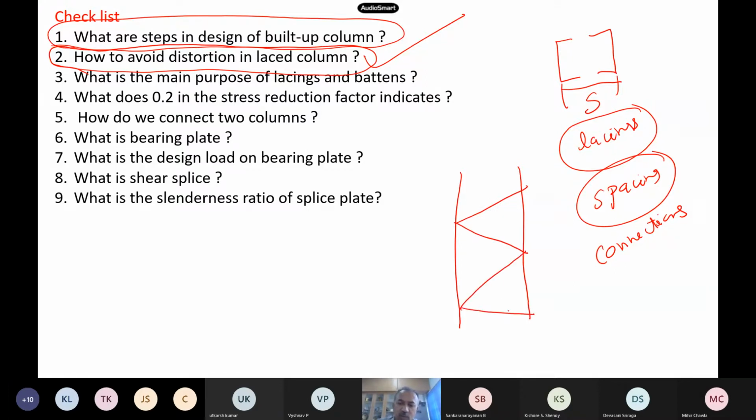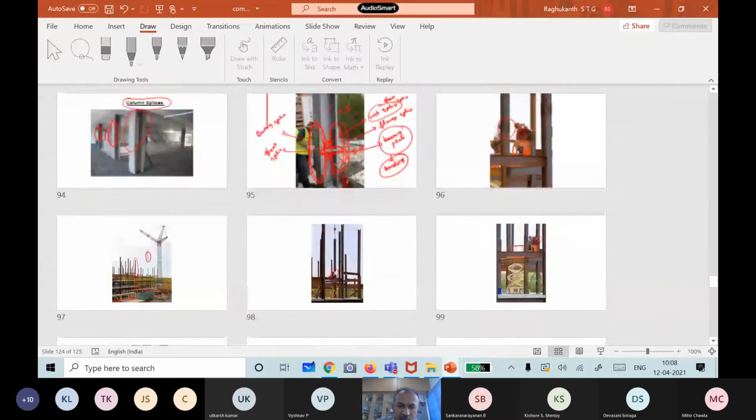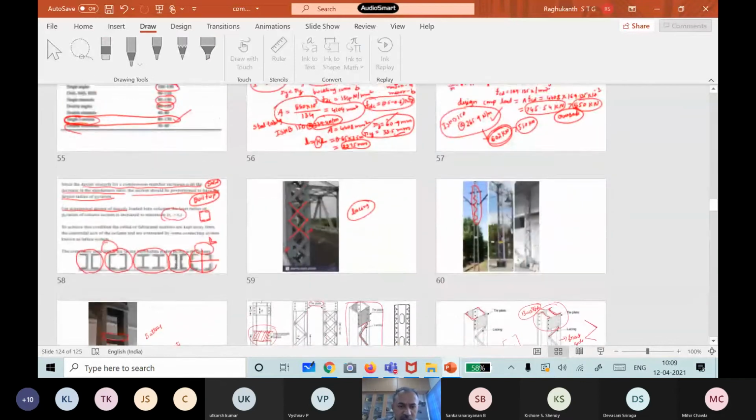What is that you have to do to avoid distortion? This also I showed you in the slides long back. Everything is there in the slide itself.